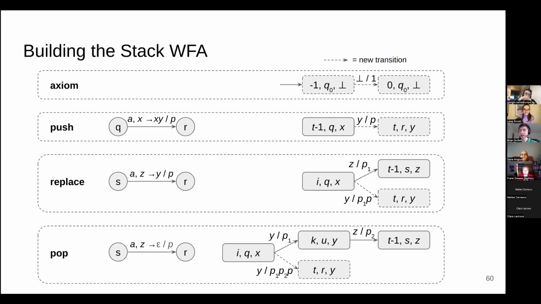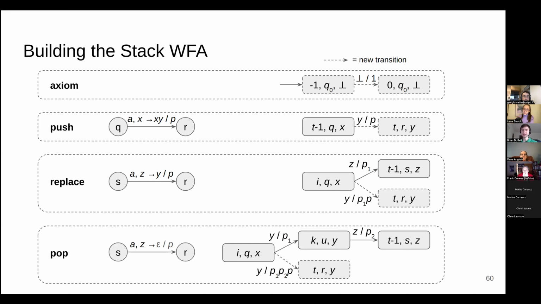So now the question is, how do we build the stack WFA? Lang's algorithm is all about efficiently building the stack WFA incrementally, and this process can be summed up with 4 basic inference rules. In this diagram, each row is an inference rule with a PDA transition on the left and a stack WFA fragment on the right.